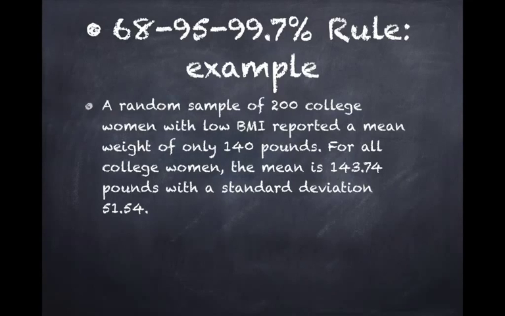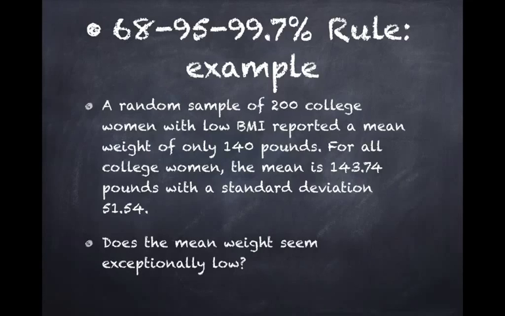Let's say we had a random sample of 200 college women with a low BMI, and it was reported that they had a mean weight of only 140 pounds. And let's say for all college women out there, the mean is 143.74 pounds with a standard deviation of 51.54.